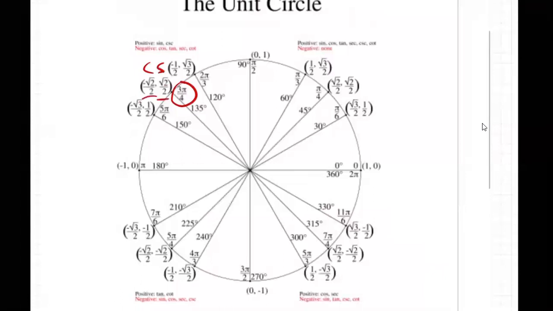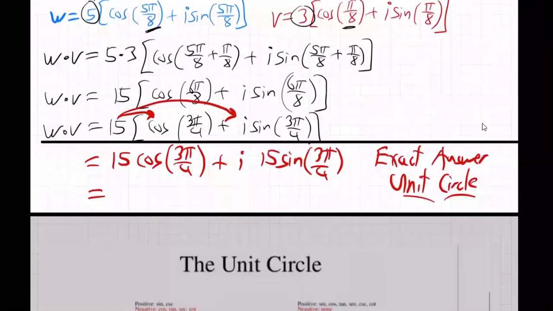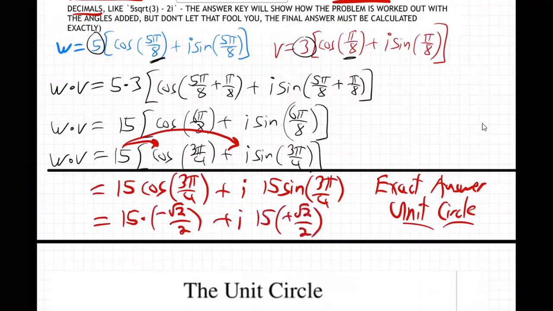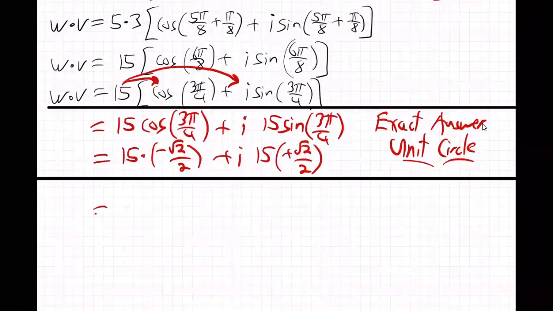Cosine is negative root 2 over 2, sine is positive root 2 over 2. So this is going to be 15 times negative root 2 over 2, and this is going to be 15 times positive root 2 over 2. Then we just simplify. It's going to be negative 15 root 2 over 2, plus i times 15 root 2 over 2.